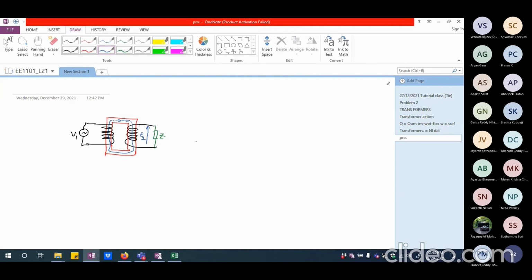Now, when I connect the load, there is going to be a current flowing through it. Once a current flows through this, that will not keep quiet. That will also definitely create a flux. And by Lenz's law, when you look at transformer action, the flux here is going to oppose the original flux.